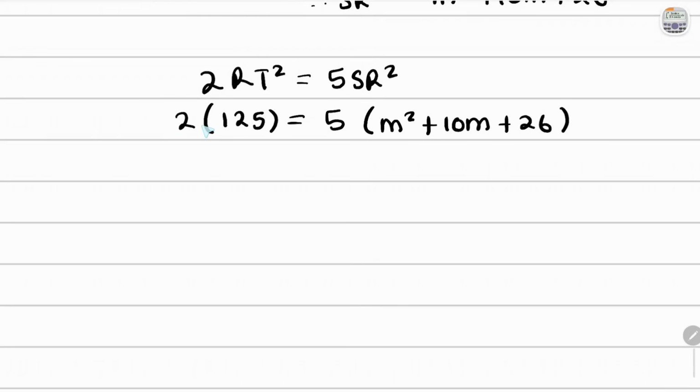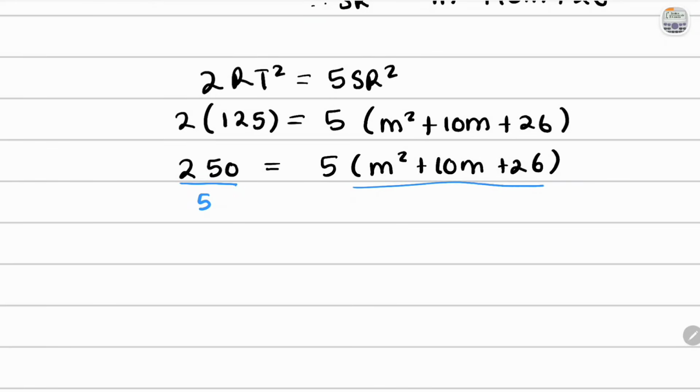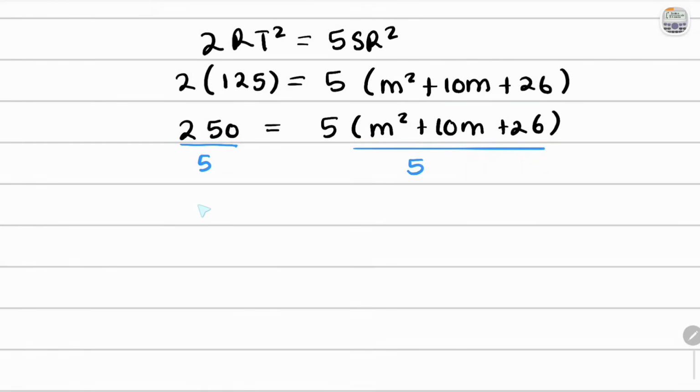And now we just have to simplify this. Okay, if you multiply this by 2, it's going to give you 250. Okay, and then it's equal to, and let's distribute. It's not really necessary. You might as well just divide both hand sides by 5. Okay, so leave this like this, and then just divide both hand sides by 5. So divide by 5, divide by 5, and that gets rid of that 5 over there. 250 divided by 5 gives you 50 is equal to, and you have m squared plus 10m plus 26.